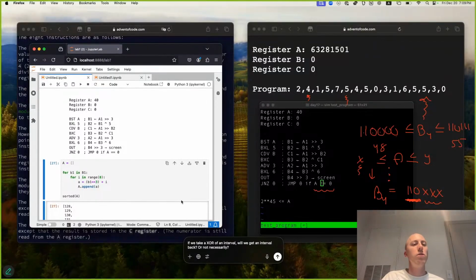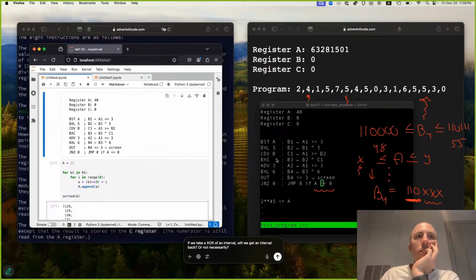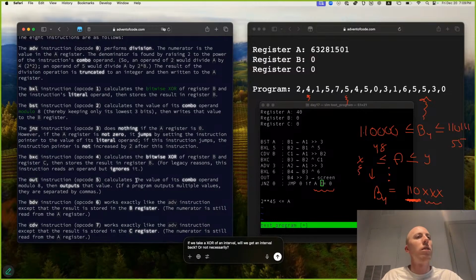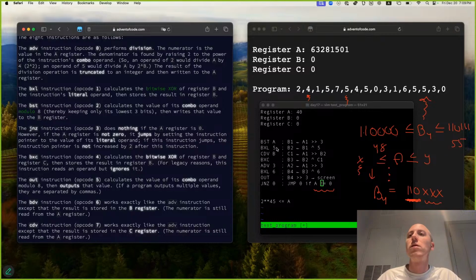If A was 128 starting out, wait, what does it do? Oh, okay. So we don't need to worry about making sure A is some value to jump. It's just always going to jump back to 0 unless A is 0. Okay, cool. So yeah, A keeps getting crunched down.